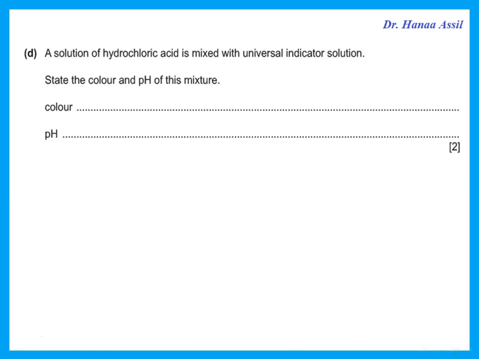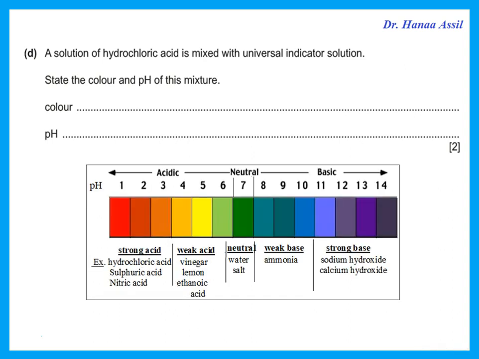Okay, then he says a solution of hydrochloric acid is mixed with universal indicator solution. State the color and pH. So remember, these are the colors of universal indicator. And we said this could be a paper in which you compare the color to the chart, or it could be a solution. So in this case, he has the solution in hydrochloric acid.